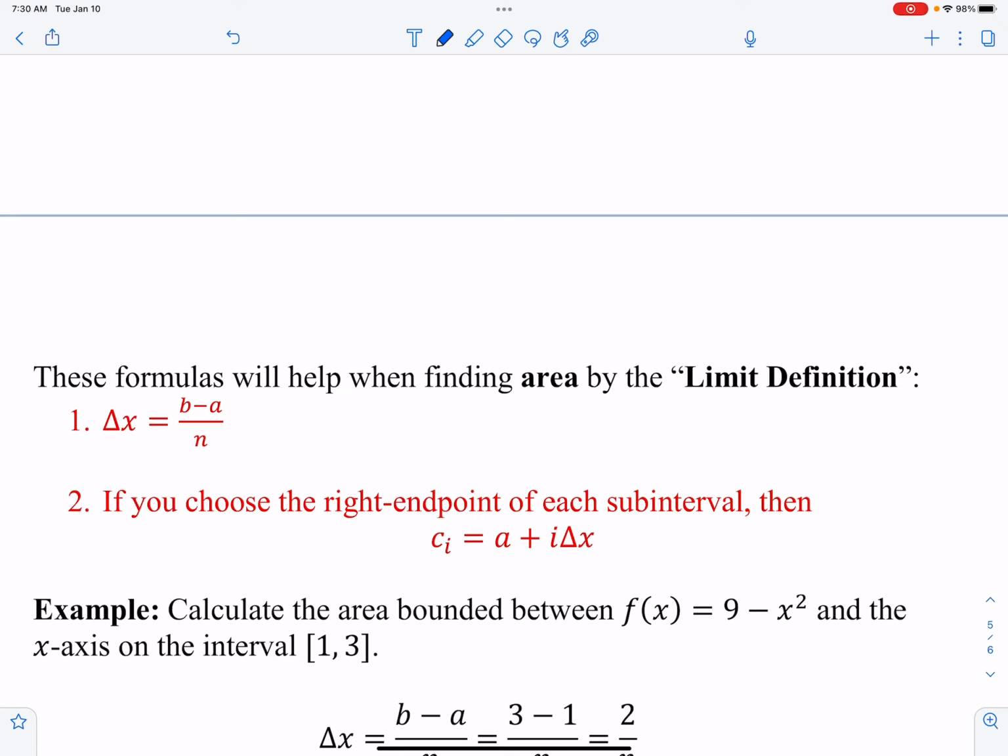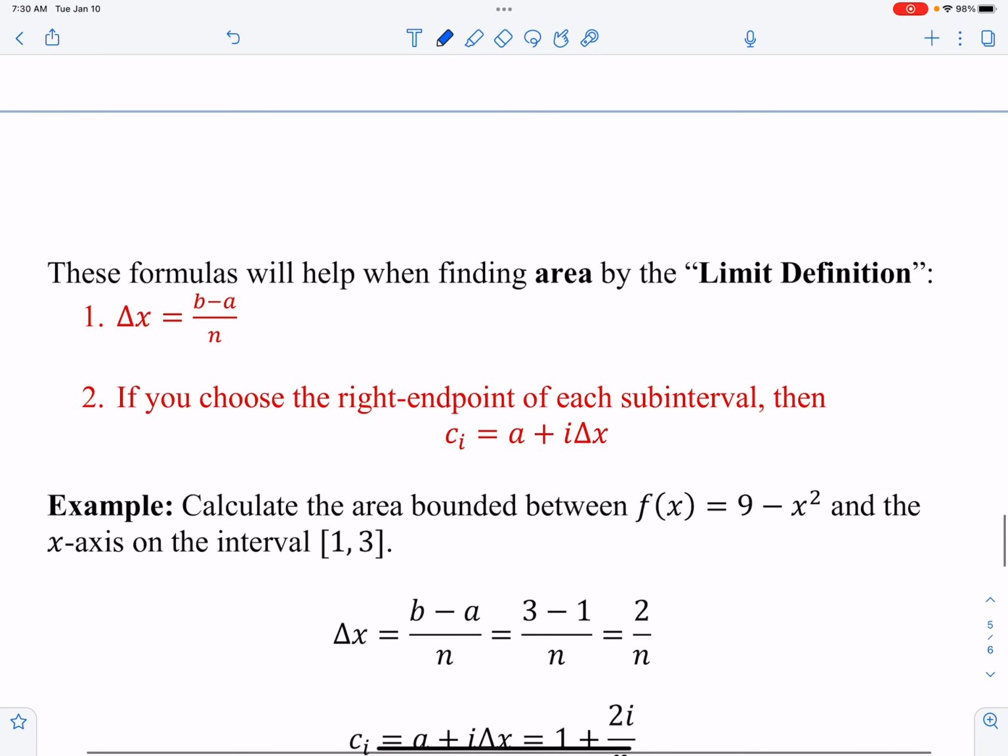So, we're using the right endpoints here so that in our summation notation we can let i be equal to 1. It's a little bit trickier if you use the left endpoint, and then i would be equal to 0.